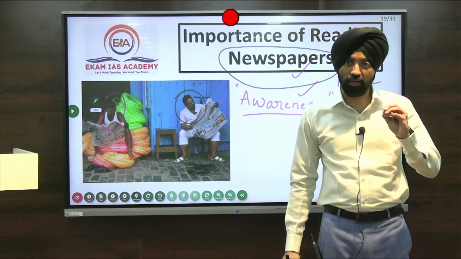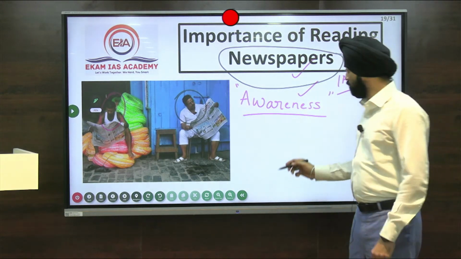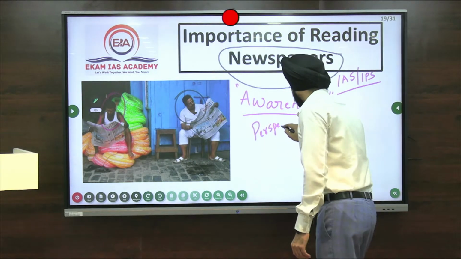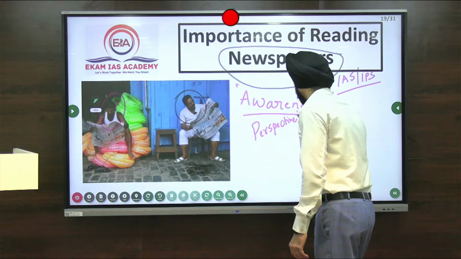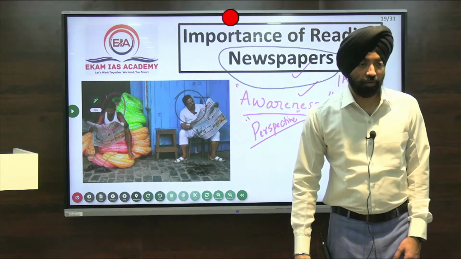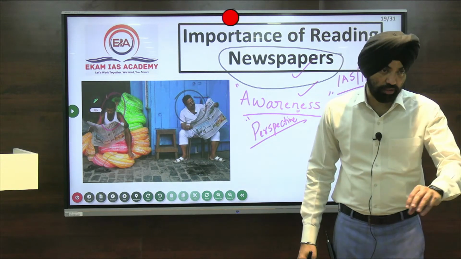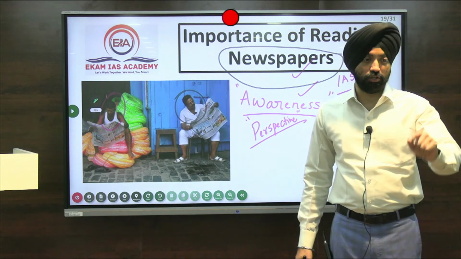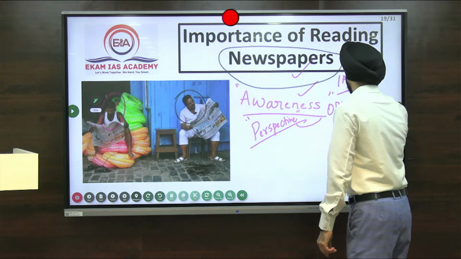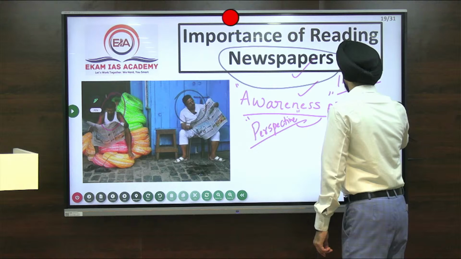You have to read the newspaper because it will allow you to develop a perspective about an issue. And believe you me, the entire UPSC is trying to test your perspective about an issue only. It is trying to test your opinion about an issue.